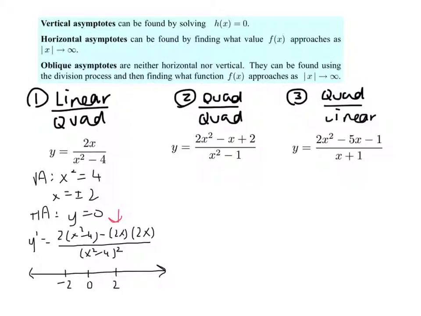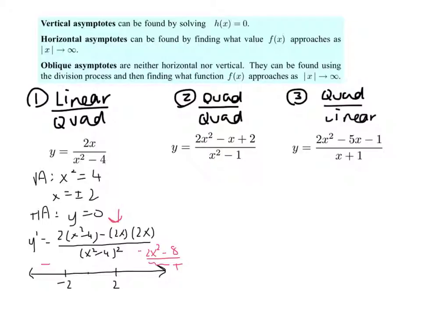And so if I continue with this and I use sign analysis, then I will realize that on the left side of -2, when I plug this into my derivative, which simplifies to -2x squared minus 8 over the bottom, which is positive for sure, then I get that it becomes increasingly negative as it approaches -2.